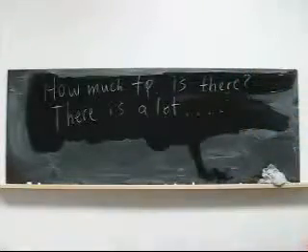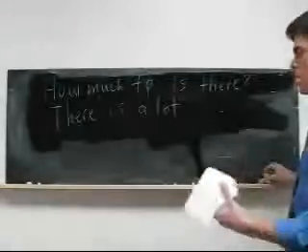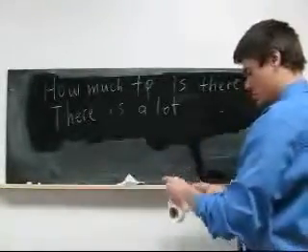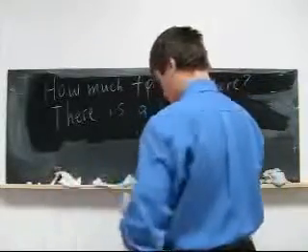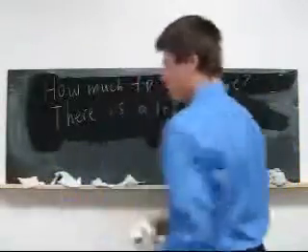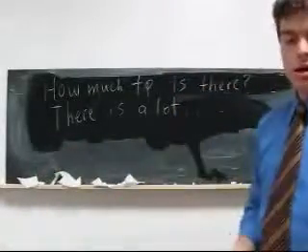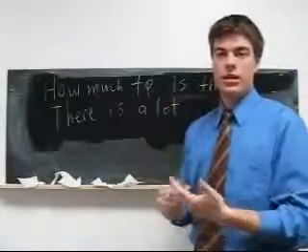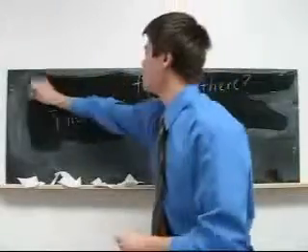How much toilet paper is there? There is a lot. But when you go like this, okay? Now this, 1, 2, 3, 4, that's how many. Because how many is counting. 1, 2, 3, 4, 5, 6, 7, 8, 9, 10. How many is counting.